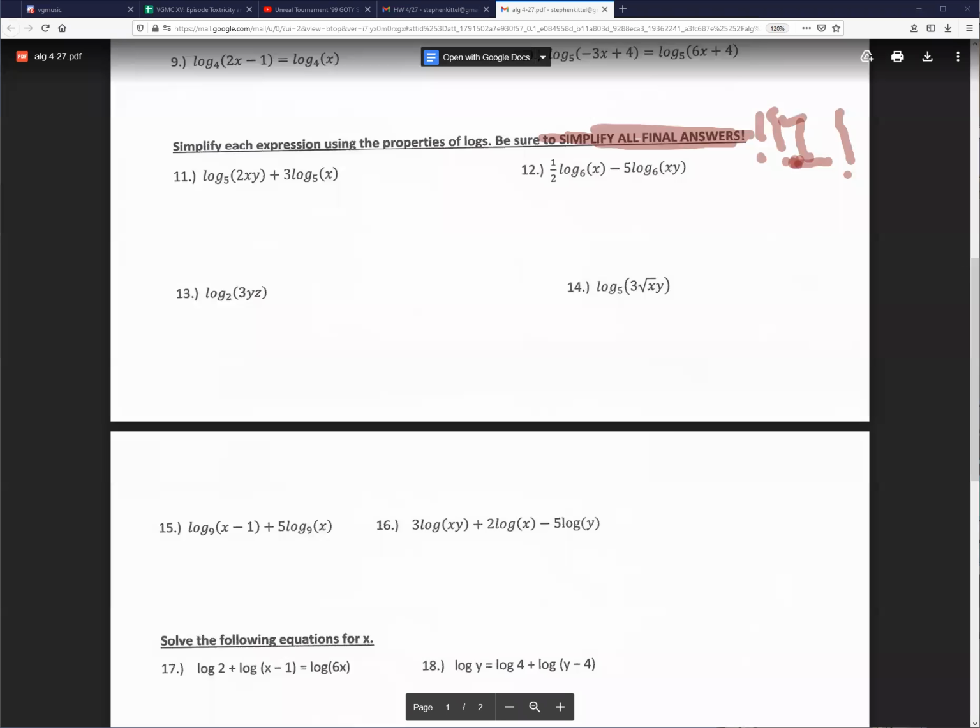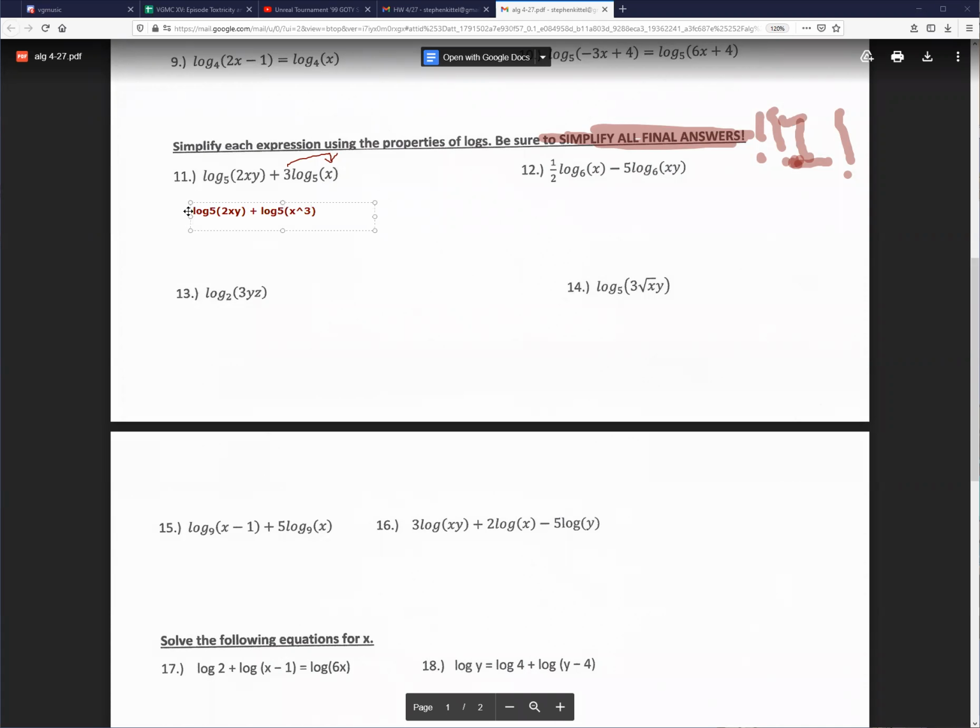Okay, so first of all, let's bring this inside so we have just logs and nothing weird going on. You know what, I'm going to use the text tool. This looks sloppy as heck. Log 5 of 2xy plus log 5 of x to the third.